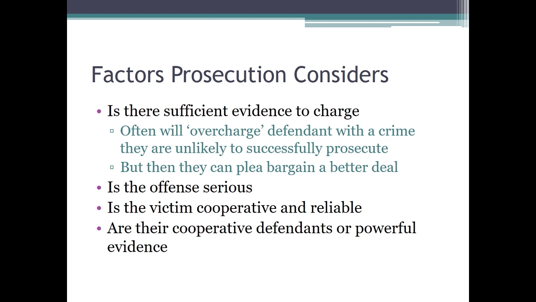They might know that if they go to trial, they can't get a conviction under 5 counts: burglary, arson, murder, assault with a deadly weapon, and rape. They might know, well, I'm not going to be able to prove all 5 of those. But if I charge all 5, if I overcharge, even if I'm unlikely to be successful, it gives me a far, far stronger hand in negotiating a plea bargain.